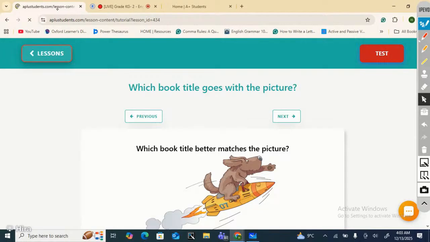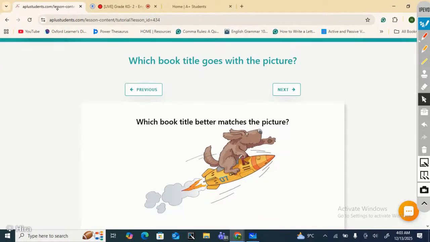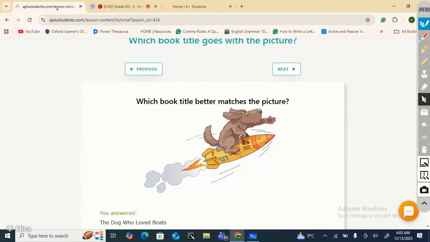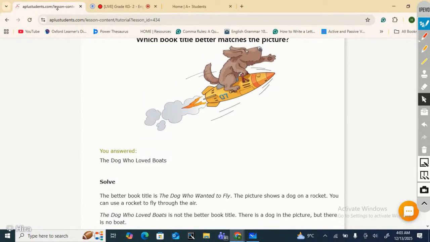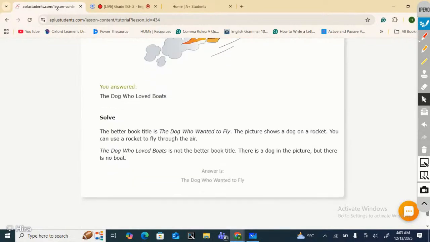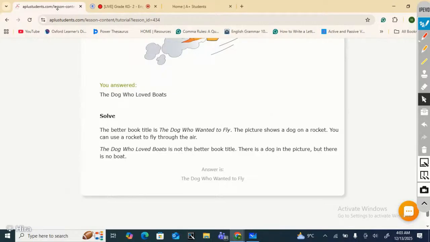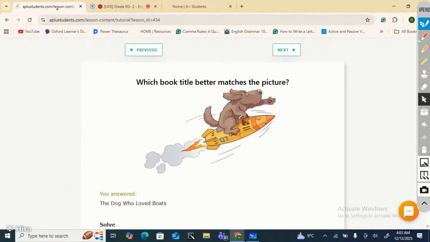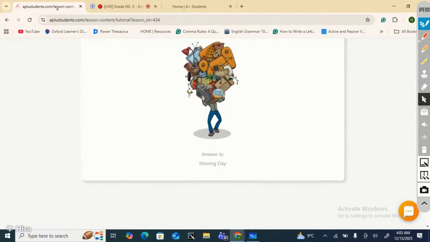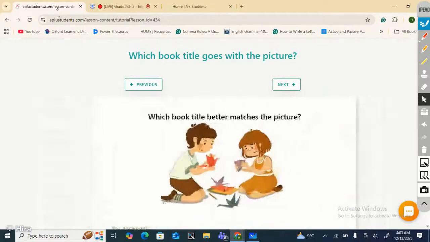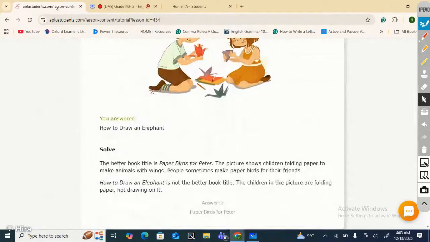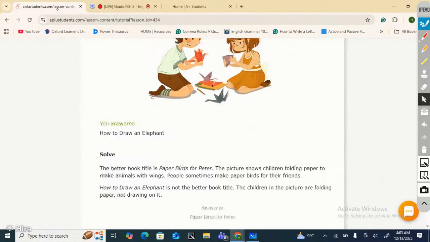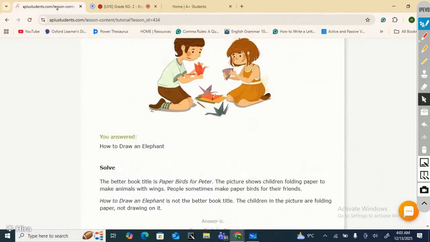Well, it's a very interesting picture. Which book title better matches the picture? Is it How to Draw an Elephant?